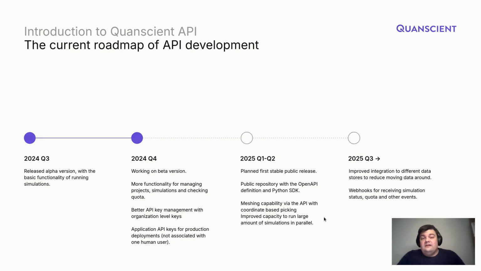Furthermore, we will also add coordinate-based picking and meshing capability. And of course, we always improve the scaling of the platform as we go. As said, there is a huge capacity in the cloud, but of course there are some technicalities, and we work with our customers case by case on those.